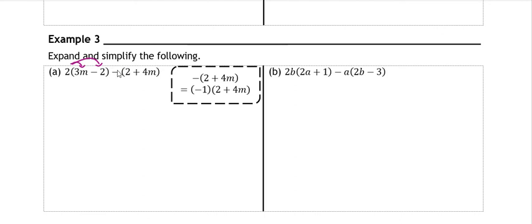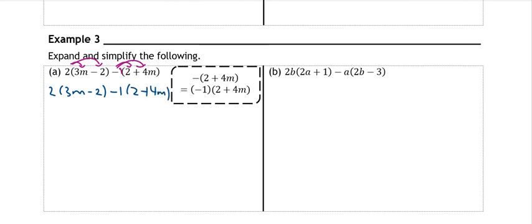Whenever you don't have any number in front of the bracket, actually you have it, but you don't have to write it because it is actually 1. So negative 1 expands to this one. Let me just redo the terms for you: 2 bracket 3m minus 2, and then minus 1 bracket 2 plus 4m.